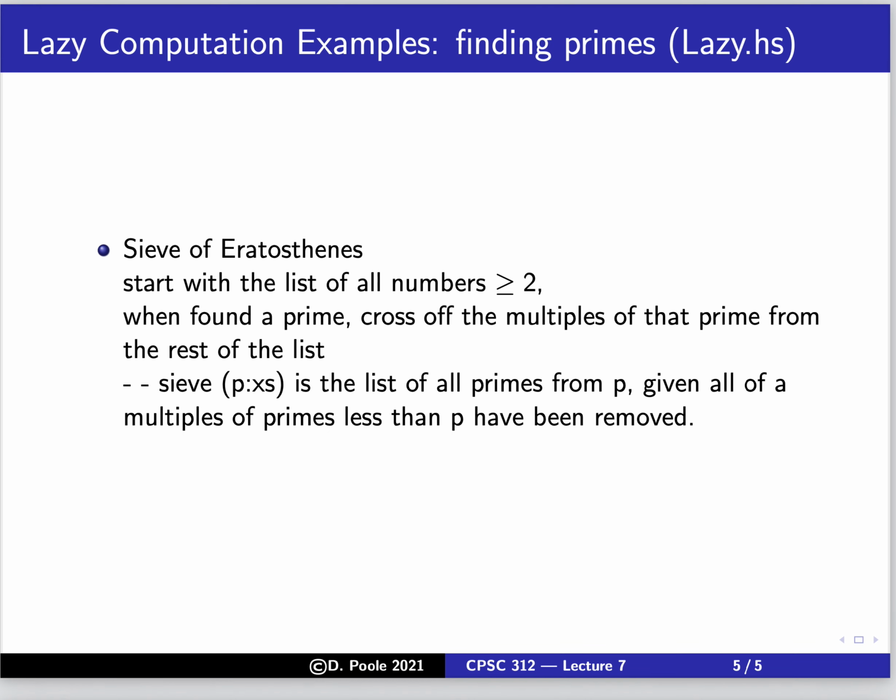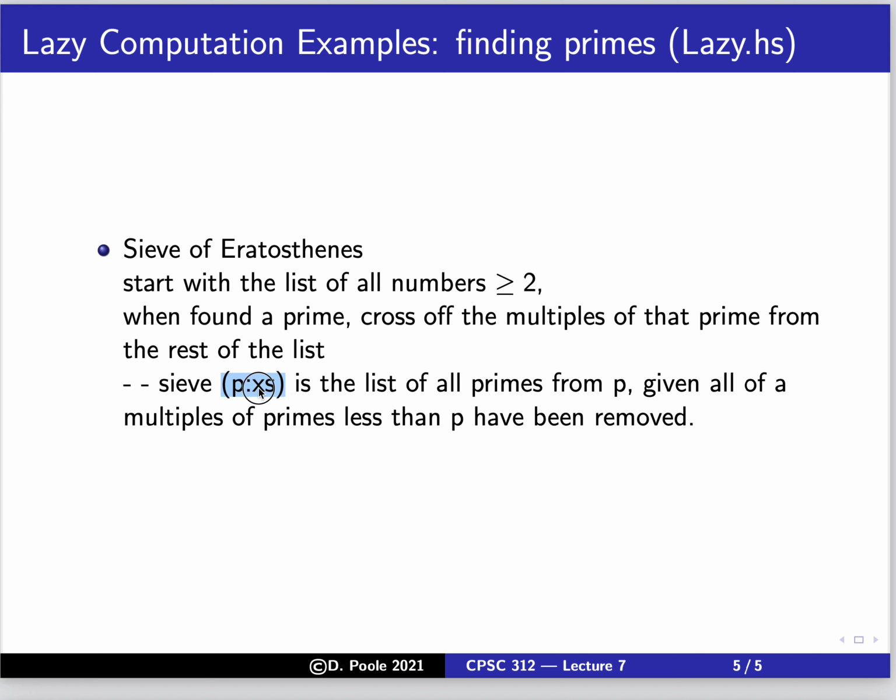We're going to implement that as a function called sieve, which takes a list, and this P is a number, and this is going to be the list of all primes of P, given all the multiples less than P have been removed. So we're going to return the list of all the primes, and we know in the argument that all of the primes less than P have already been removed.